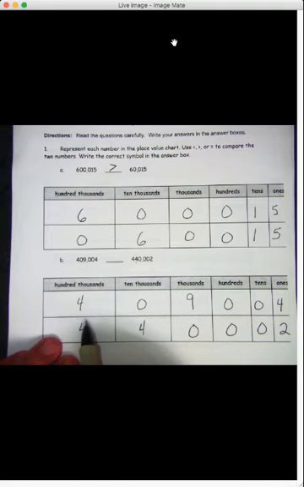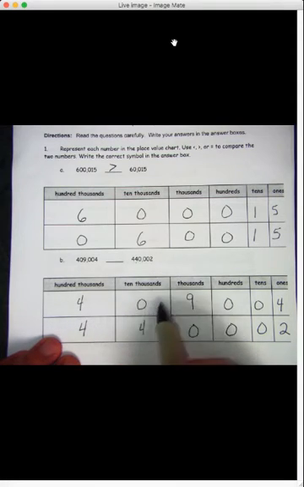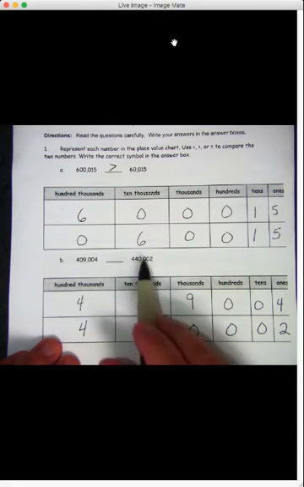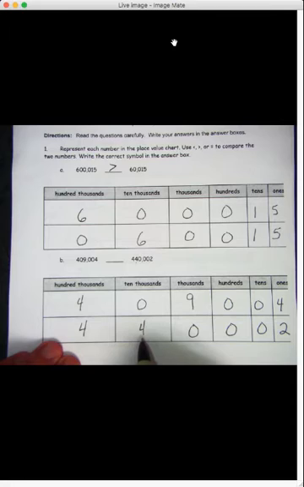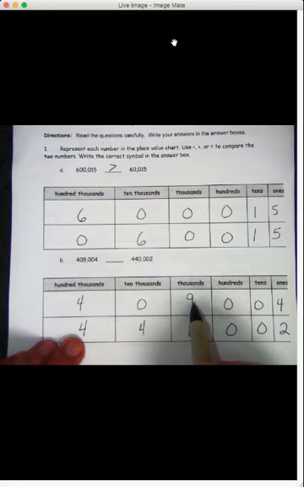So we've got to go to the next place over. And this one has 4 10,000s, and this one has 0 10,000s. So the second number is going to be bigger, isn't it? Because it has higher numbers in the higher place values. This is 440,000. This is only 409,000.